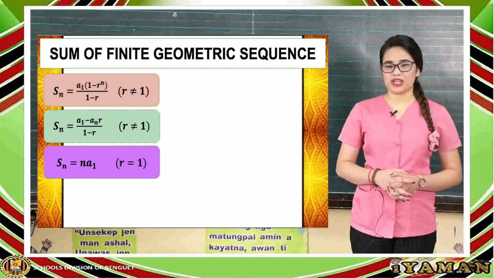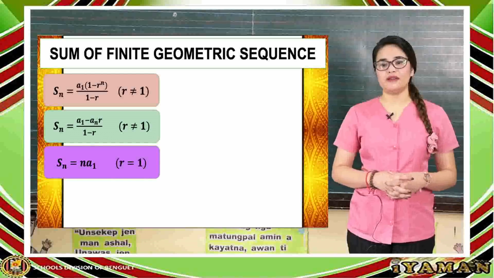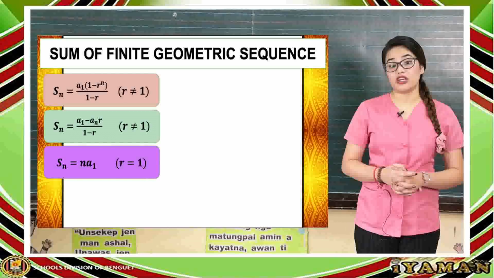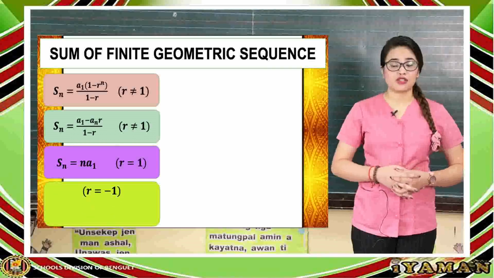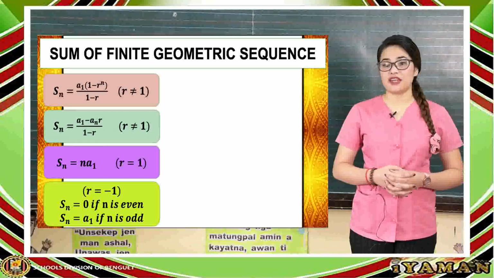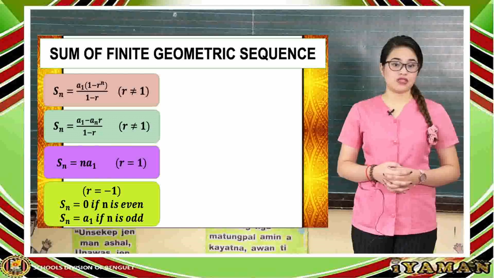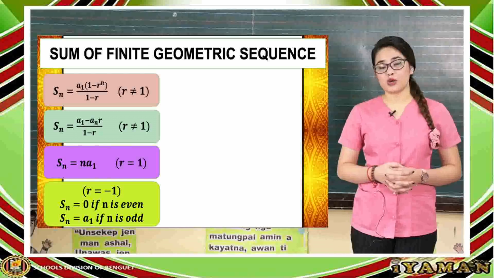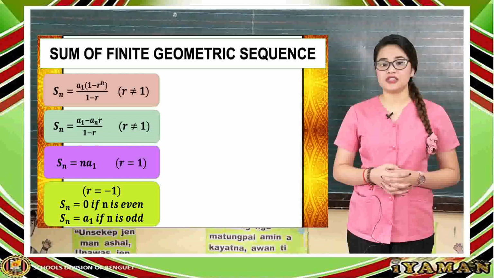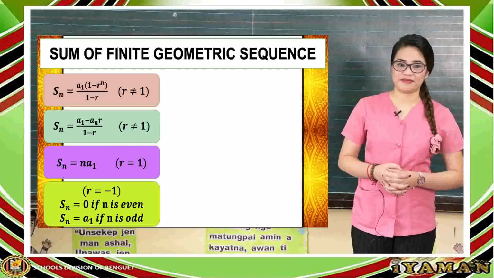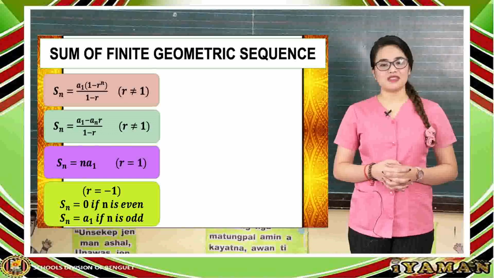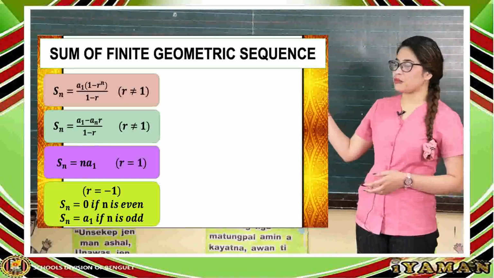And when the common ratio is equal to -1, then we have the following formulas. But take note that if the total number of terms is even, the sum is equal to 0. While if the total number of terms is odd, then the sum is equal to the value of the first term. Here are the symbols or notations used in each formula.